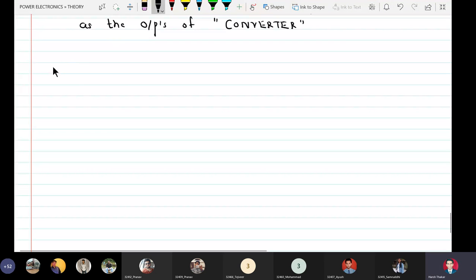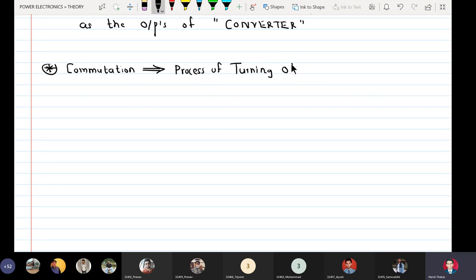Okay, now another important concept of what is called as a natural or line commutation. So we know in the field of power electronics, commutation means the process of turning off a power device.